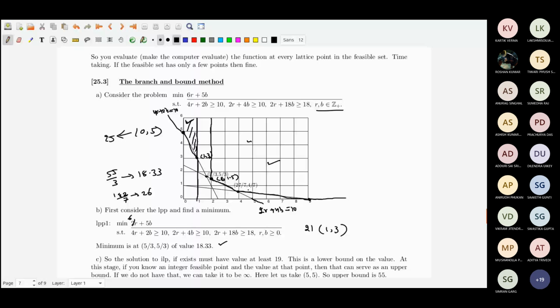And at 9, 0 I already know, that is huge. So therefore the other one I got is 19.5 at 2, 1.5. Okay, so I store those as node 2 and 3.